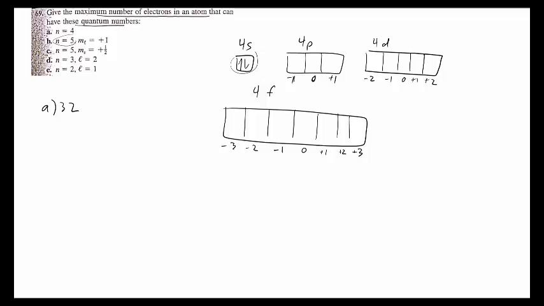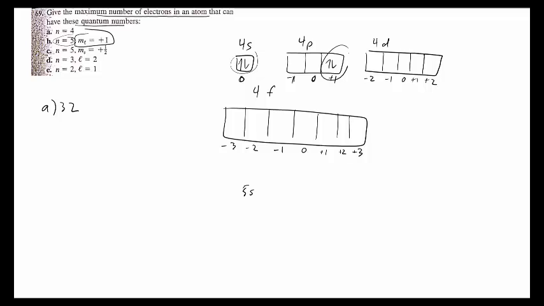So when n equals 5, you can have a 5s, but this is not possible for 5s because s is only assigned a 0 because it can only be one orbital. Okay, so plus 1, so it could spin up or down in the plus 1.